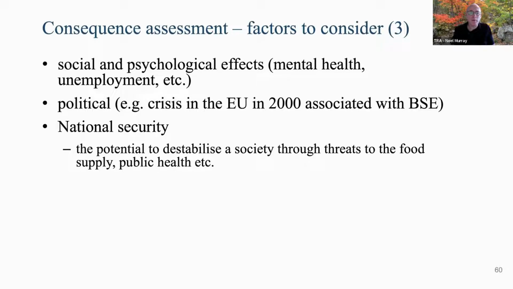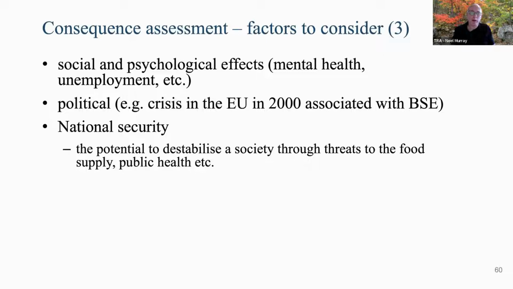There may well be social or psychological effects on mental health or unemployment. Certainly when Canada had an outbreak of BSE back in 2003, it led to enormous social disruption and psychological impacts in the affected farming communities, and flow-on effects into some of the retailers that were supplying farms.